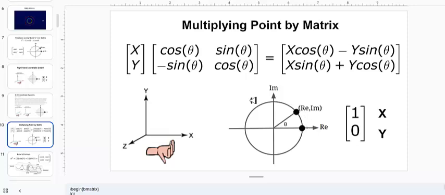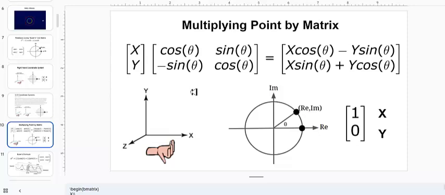We're going to use the 2x2 matrix version of Euler's formula, which is a transformation matrix. We take this point, x equals 1, y equals 0, real equals 1, imaginary equals 0, and multiply it by this matrix to get an output.